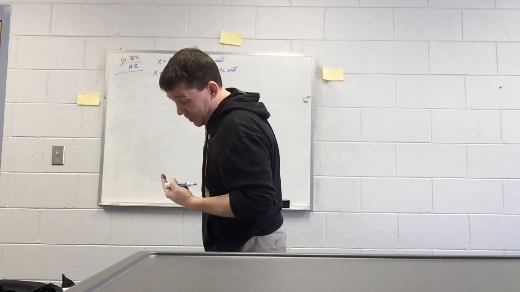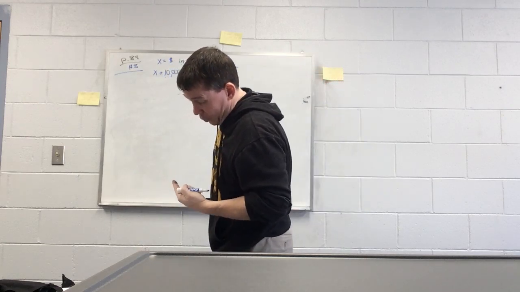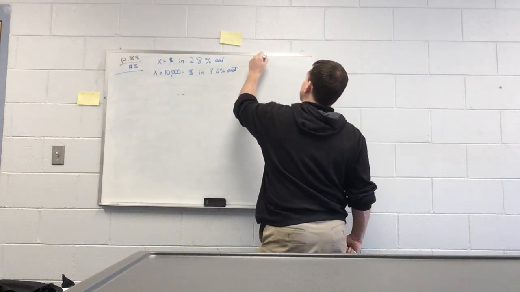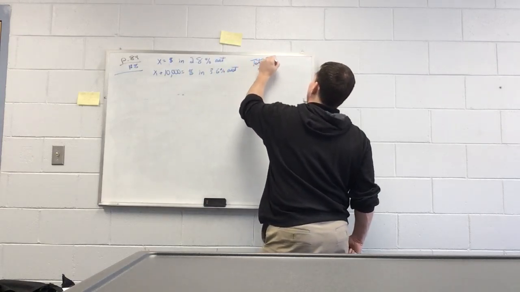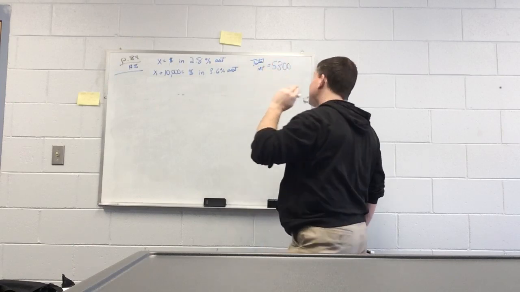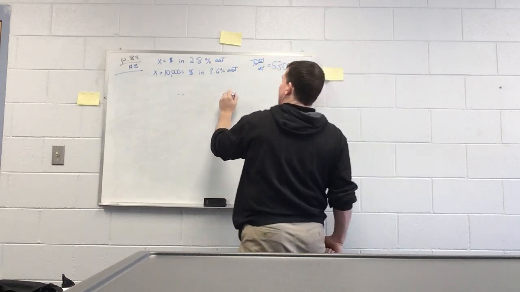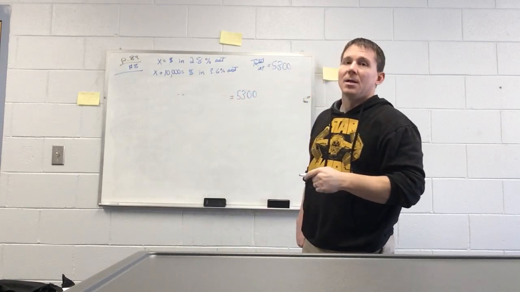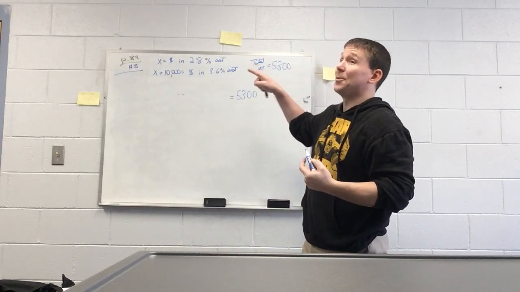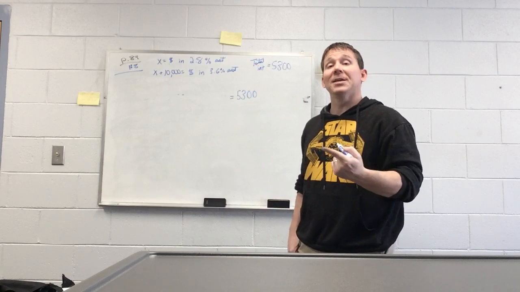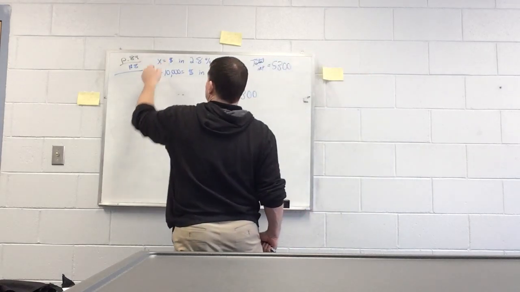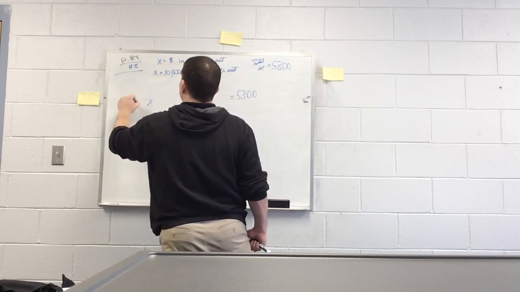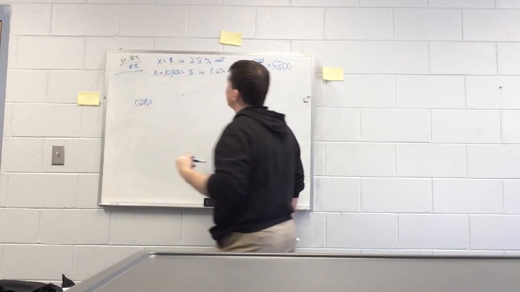The only other information we haven't used is the total amount of interest was $5,300. I have to use that, so I can just write it out. Where does my interest come from? Well, my interest comes from the first account and the second account. Now it's just the interest formula. Interest is principal, which is X for the first one, times rate, which is 0.028, times time.